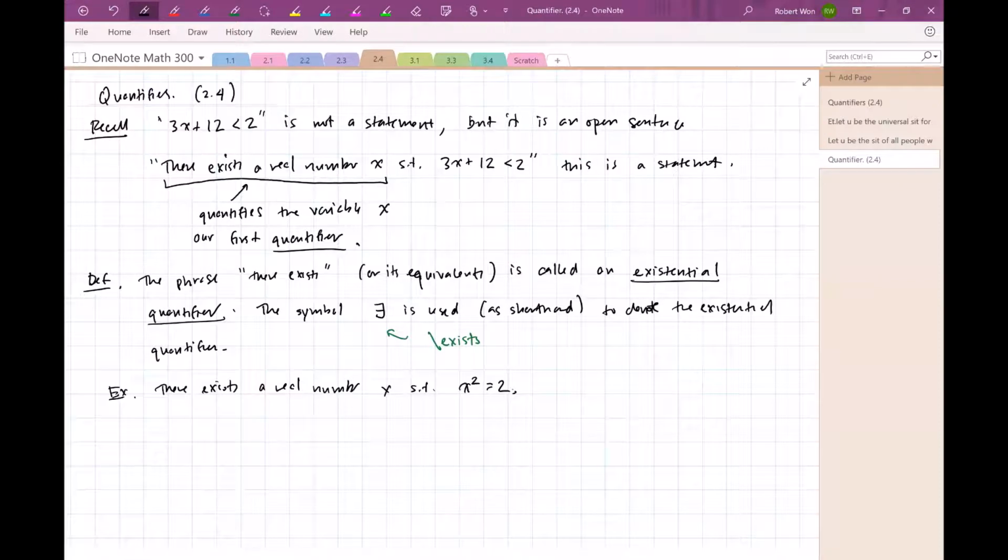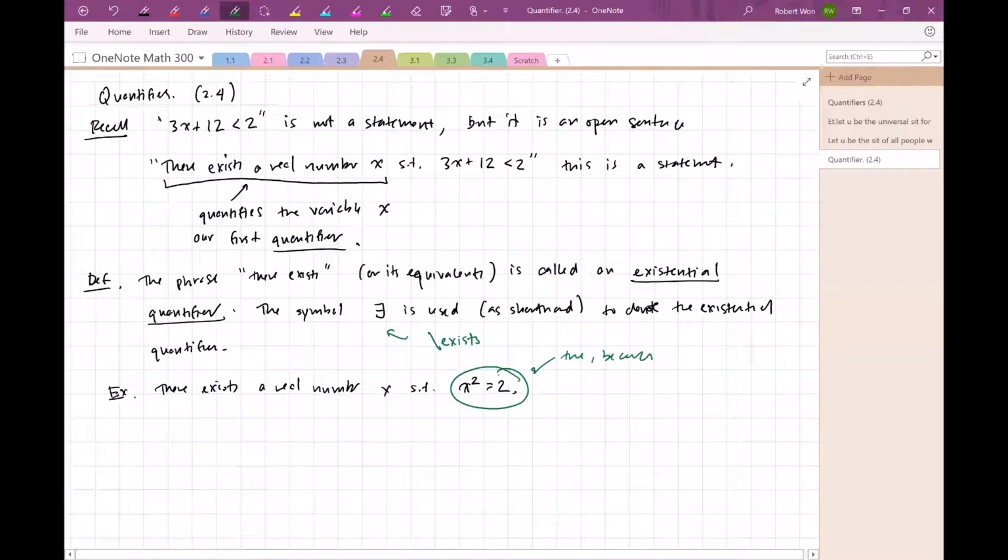Why is it true? It's true because there does exist a real number x such that x squared equals 2. There's actually more than one. There's two of them. But the point is that this is true because this open sentence has a non-empty truth set, because there is something that makes the open sentence true.